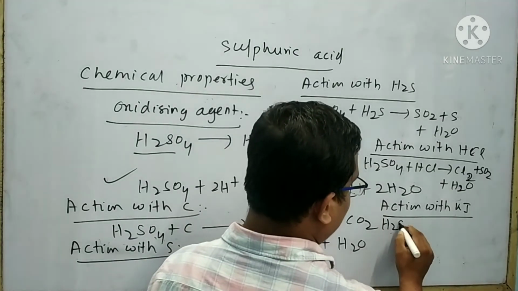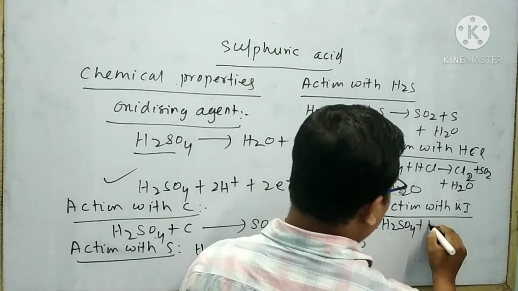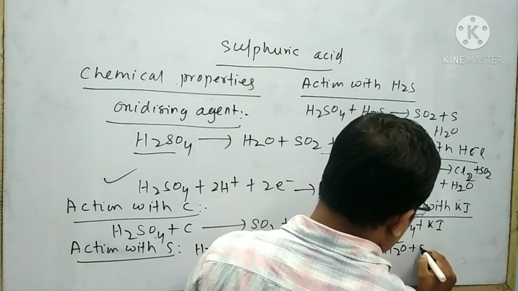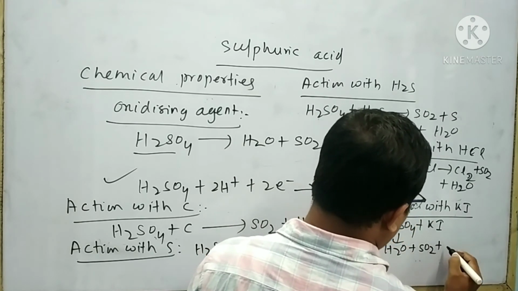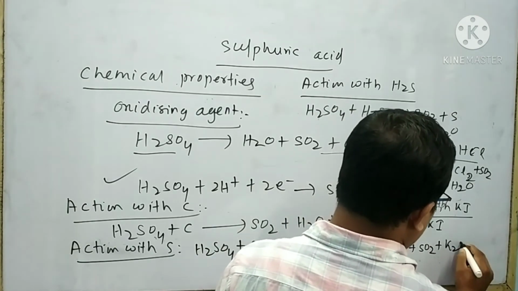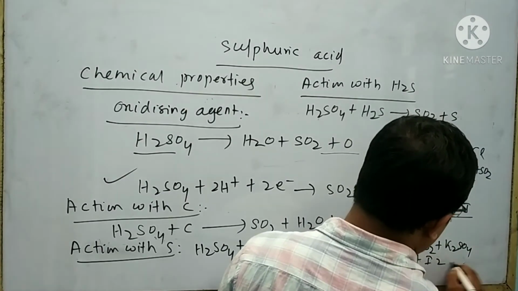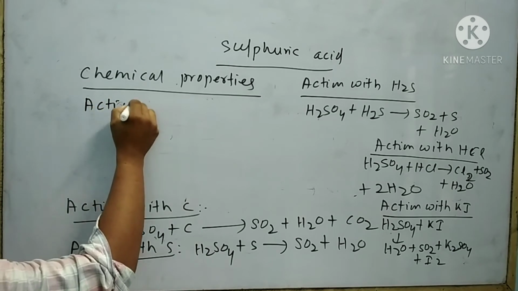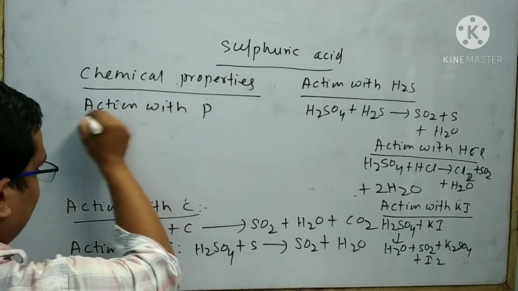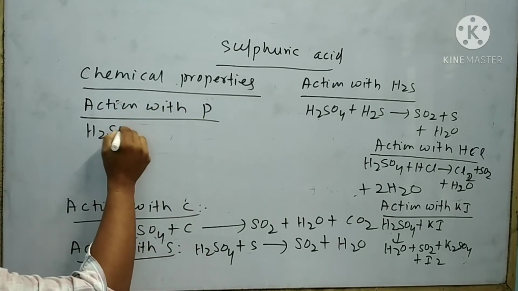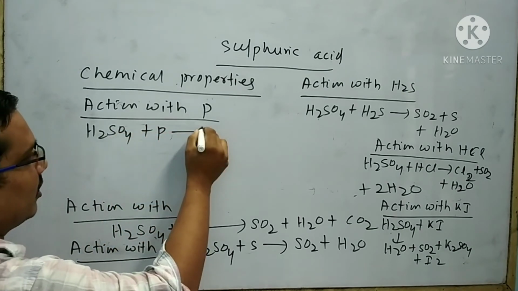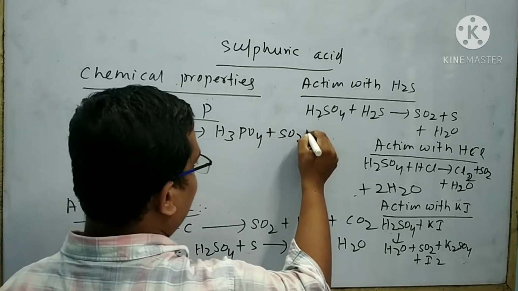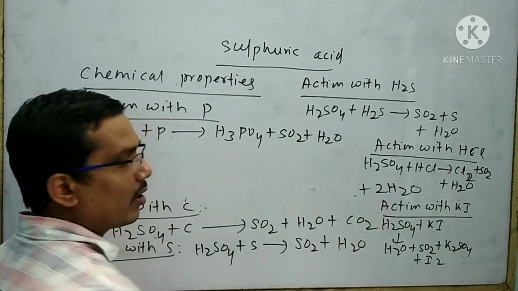When sulfuric acid is subjected to reaction with KI, then water, sulfur dioxide, potassium sulfate and iodine are formed. Next reaction is the action with phosphorus. When sulfuric acid is subjected to reaction with phosphorus, then H3PO4, sulfur dioxide and water are formed.